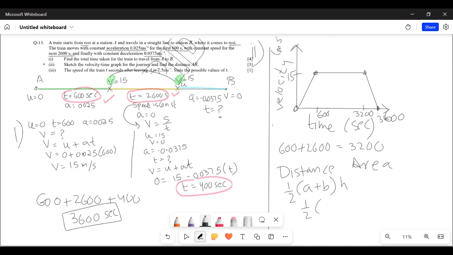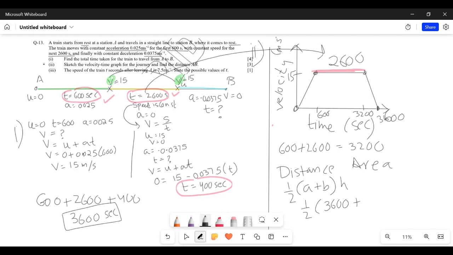So half times the sum of parallel sides: the lower side is 3600, and the upper side is 2600, plus times height, which is 15. What do we get here? 46,500 kilometers.